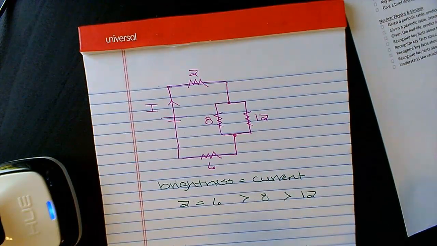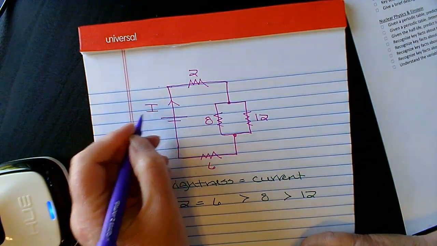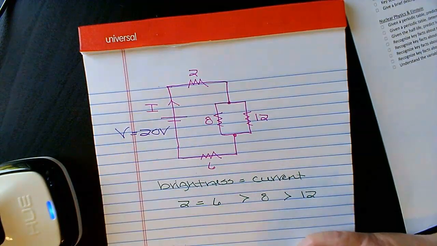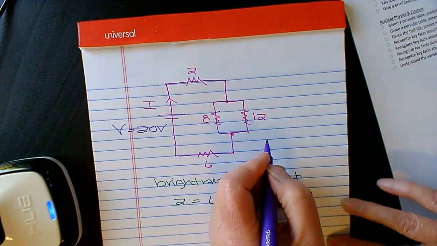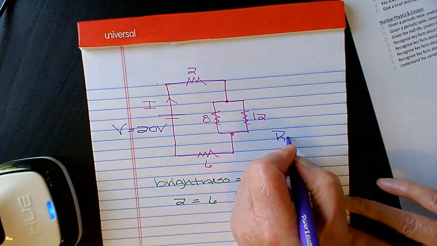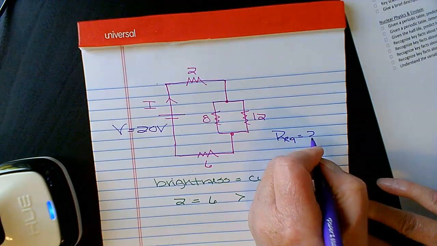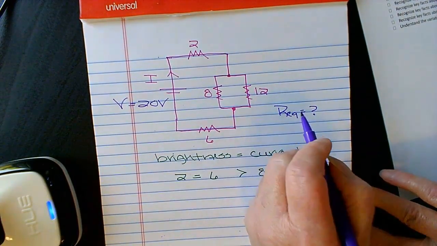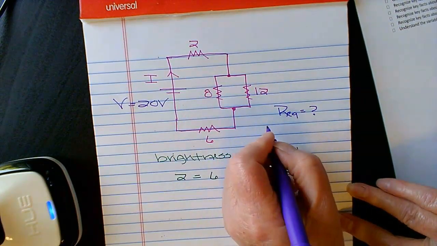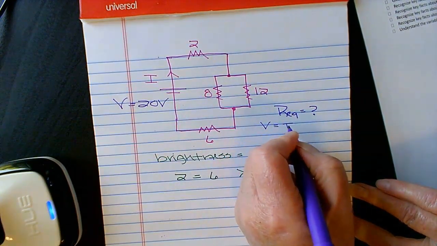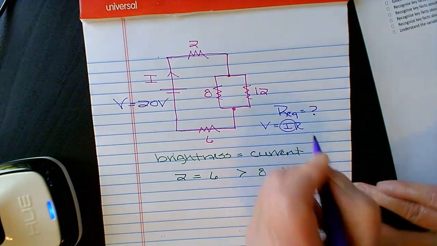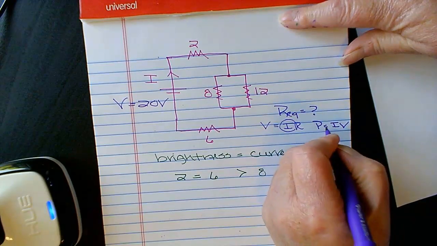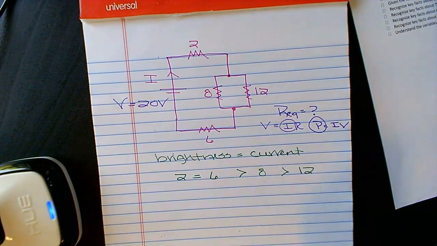If I told you that the voltage was 20 volts, I would just want you to be able to find the REQ of this circuit. You can draw the pictures or not, that's up to you. Then you can apply V=IR to find the current coming out of the battery, and you can apply P=IV to find the power delivered to the external circuit.